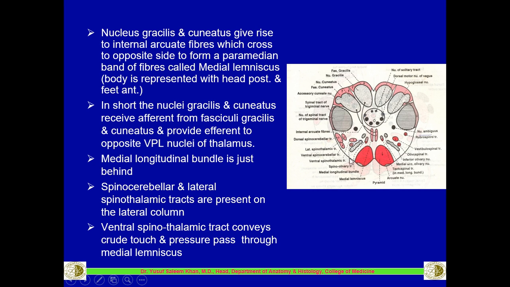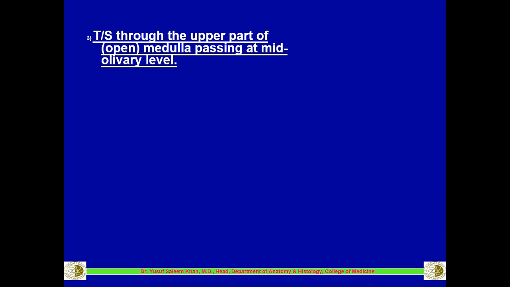So here is the inferior olivary nucleus. On the lateral side we can see the other important tracts like the spinocerebellar as well as the spinothalamic. The ventral spinothalamic tract conveys crude touch and pressure, passing through the medial lemniscus.